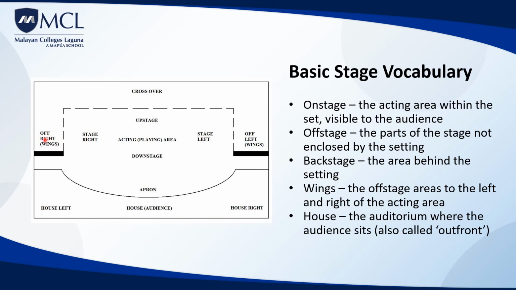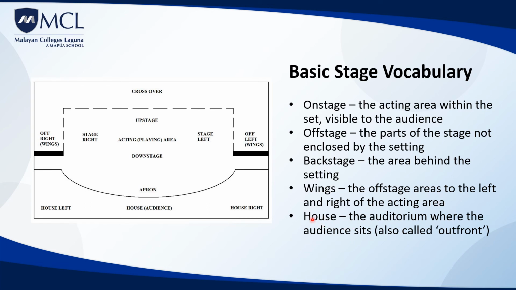We have here the right wing, the left wing, the crossover, or sometimes it's called the backstage. The backstage is also known as the crossover, the area behind the setting. The wings, right and left, are the offstage areas to the left and right of the acting area.